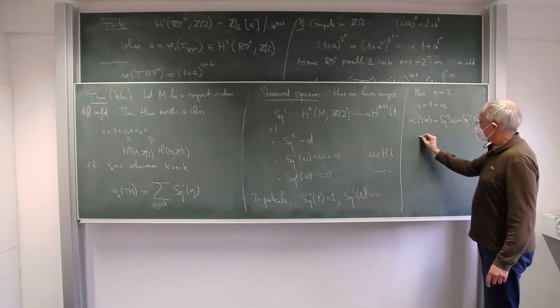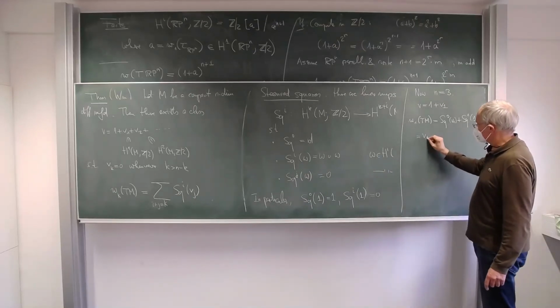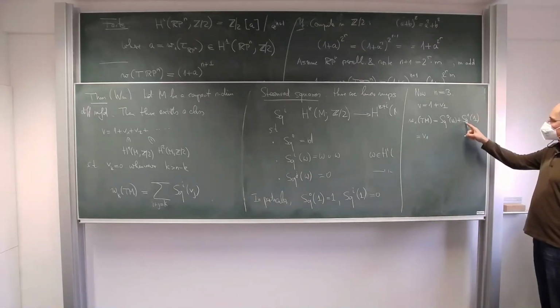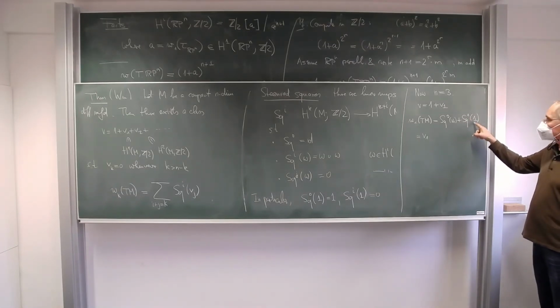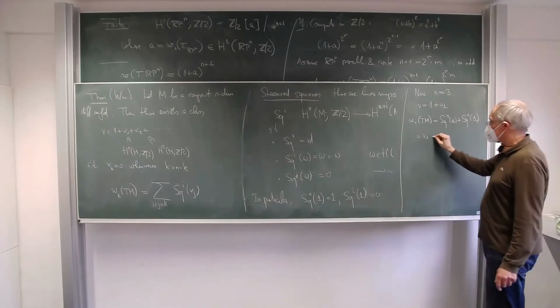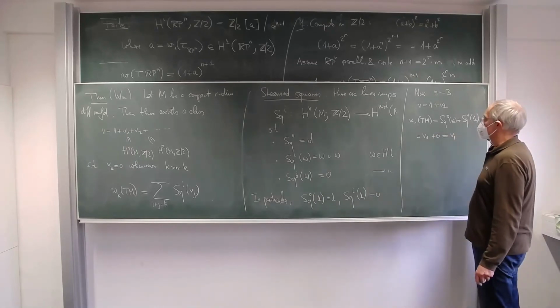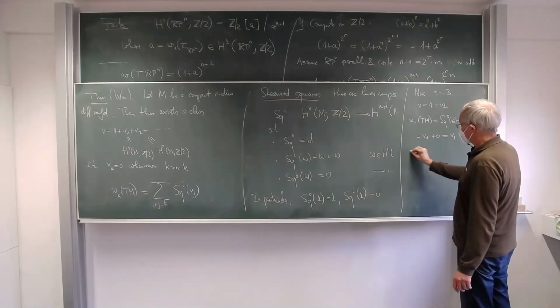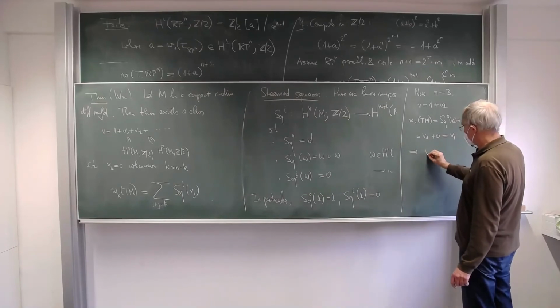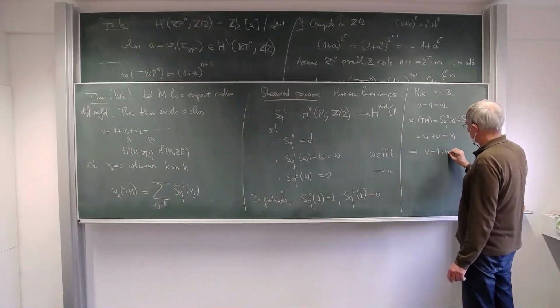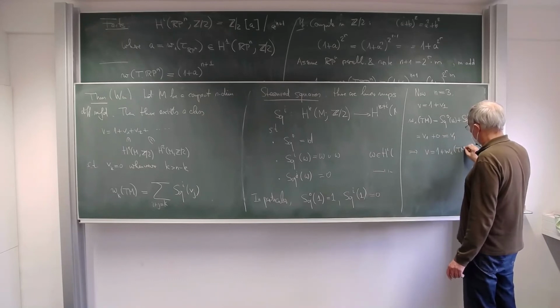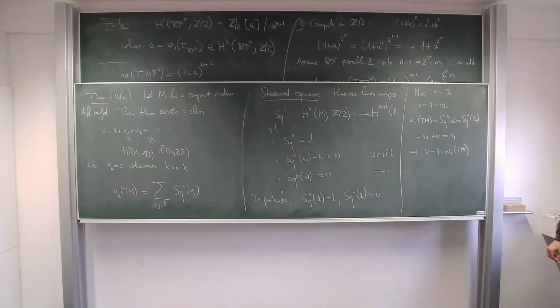Now, Sq^0 is the identity, so I get v1. And Sq^1 of 1 is 0, as I mentioned earlier, because this has degree 0. So I have v1. So in other words, the Wu class is given as 1 plus the first Stiefel-Whitney class of the tangent bundle.